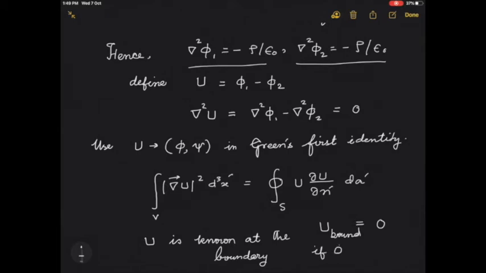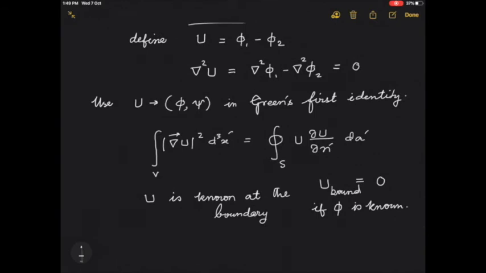If phi is known at the boundary, then u is 0. Similarly, del u del n prime equals 0 at the boundary if del phi del n prime is known.